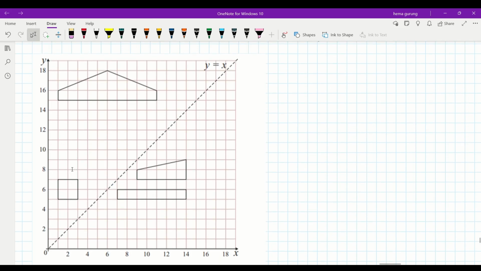Let's see the reflection of the objects about the line y equals x. Let's find the image for the square one. Remember, I told you distance between the object and the image is the same.